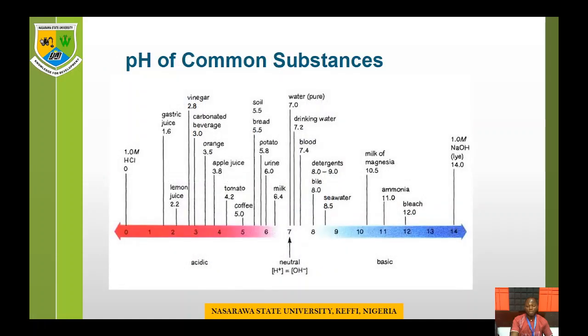pH of common substances. There are a lot of substances we come across in our daily lives, and these substances are significant in the sense that we tend to come in contact with them either by ingesting them or by making use of them, and in one way or the other they affect our physiological being.